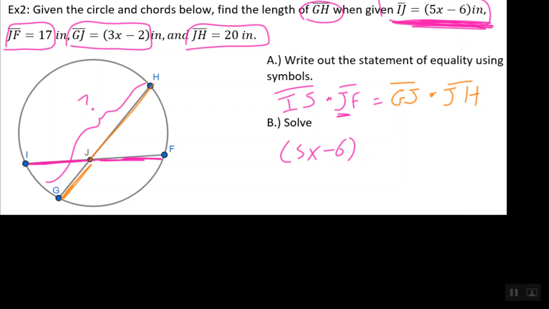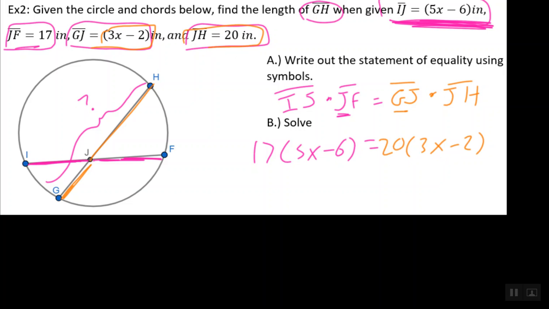Now times JF, notice JF is 17. I'm actually going to write that on the outside to make this look a little bit easier. Okay, over here I see GJ. Let's see, GJ is an expression as well, so that's 3x minus 2 times JH, which is 20, and of course I wrote it like that.